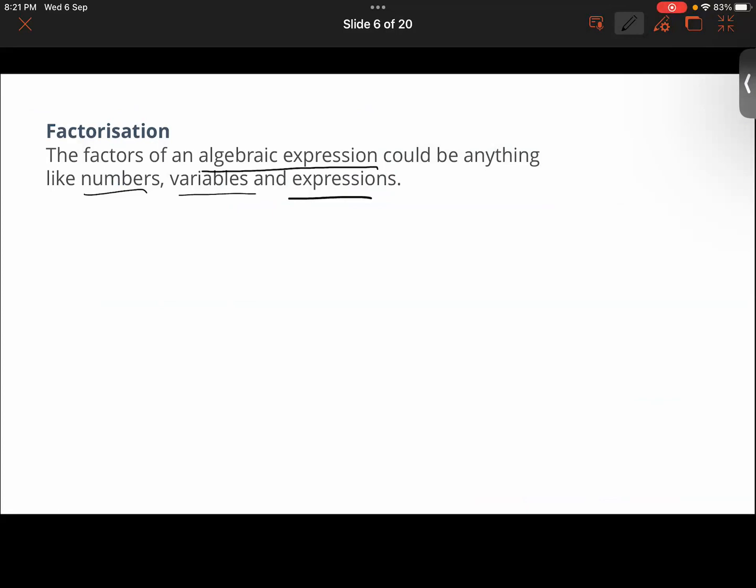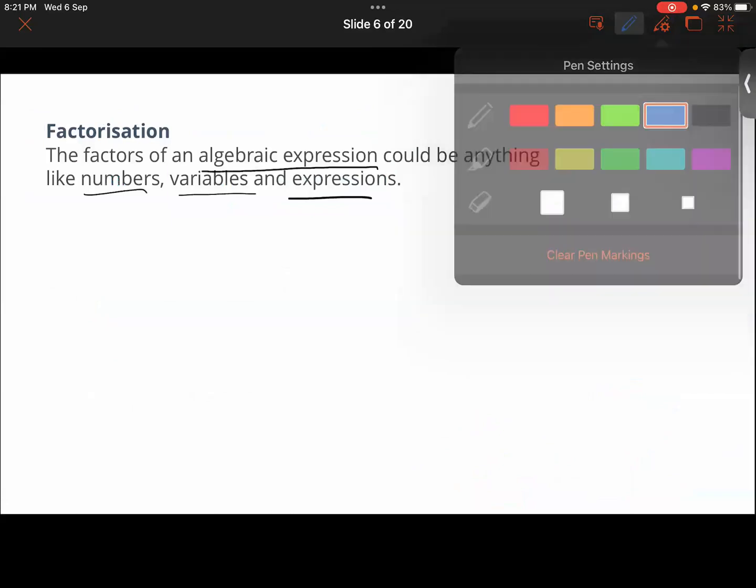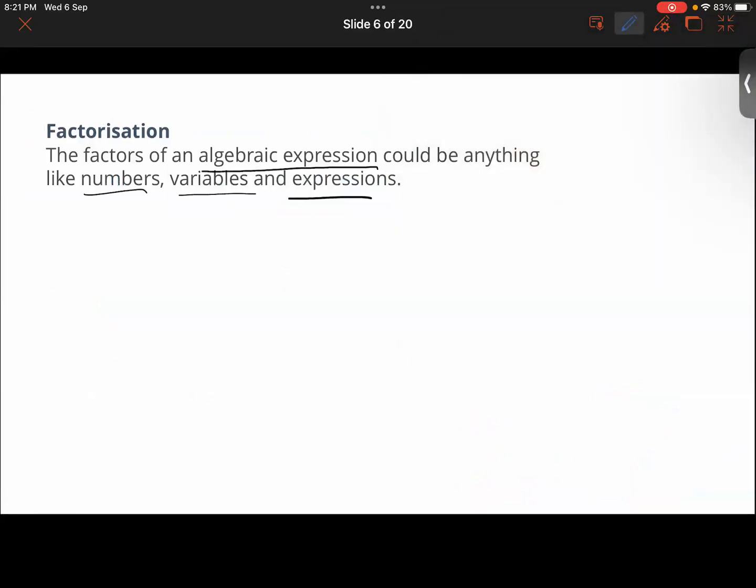Okay. Now, in the case of natural numbers, the factors were easily found. It was very easy to find the factors of natural numbers, isn't it? But for example, you have cases of algebraic expressions, for example 2z plus 4 or x square plus 5x.